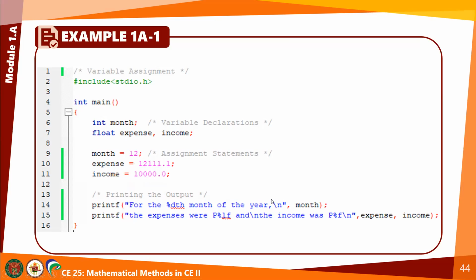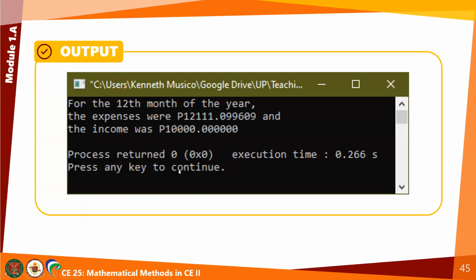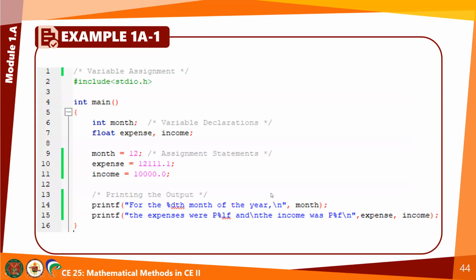So ano tong \n? Yung \n is new line. Okay? New line lang siya. So what should we expect this to print? So yung 12, ang ina-expect ko dito for the 12th month of the year, comma. Okay. Yun yung result niya.